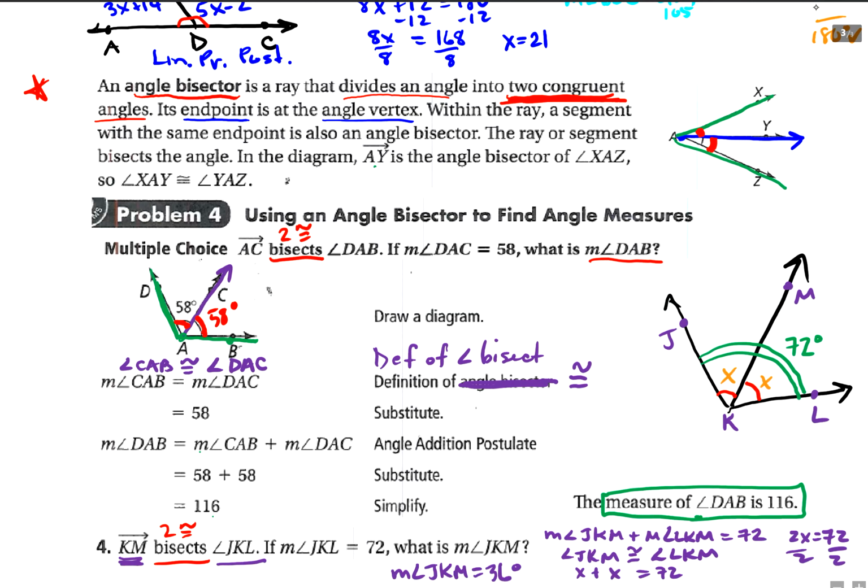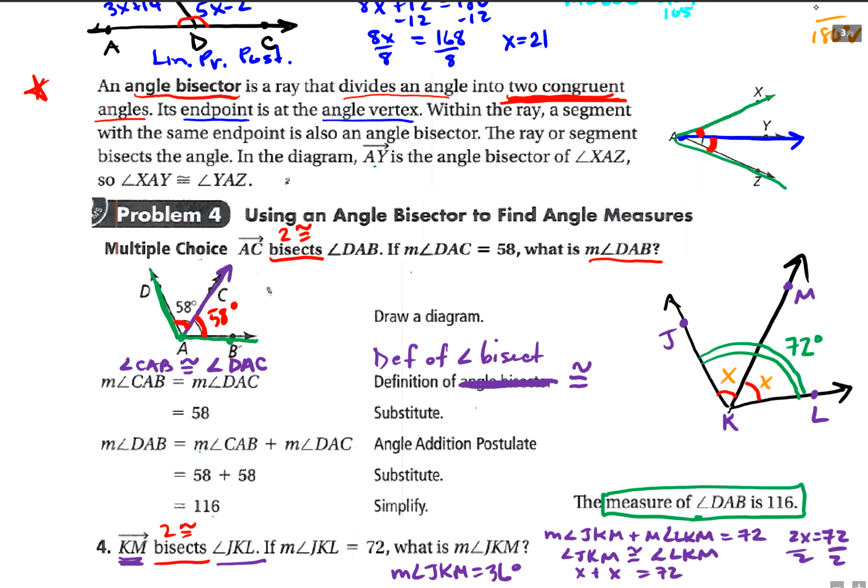All right, so we drew our diagram. We know that ray KM bisects angle JKL. So I drew my big angle JKL, and then I used my ray KM to go down the middle. And I'm told that it bisects, so the first thing I did was mark my two angles congruent.